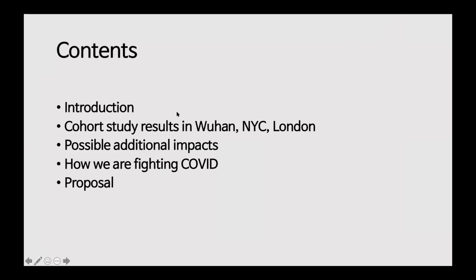So my contents will be mostly focusing on the 3 cohort studies in Wuhan, China, in New York City, and in London. So I'll discuss 3 papers that are published by hospital experts in these three cities and what they have assumed is the most threatening risk factor for each of the patients there.